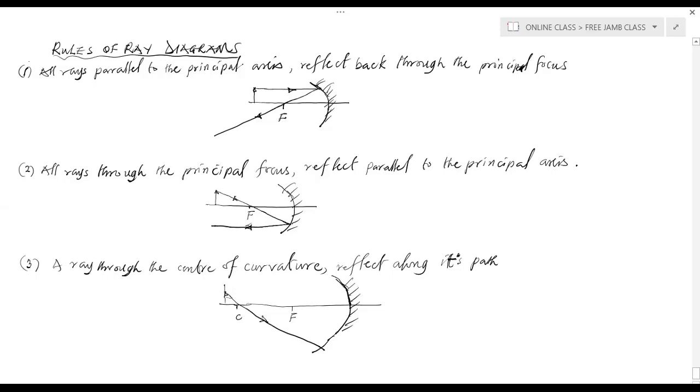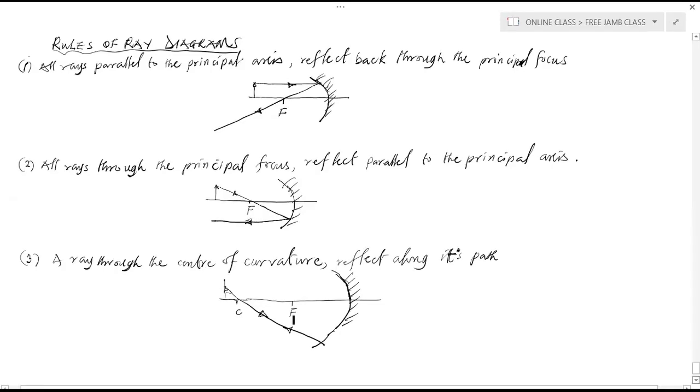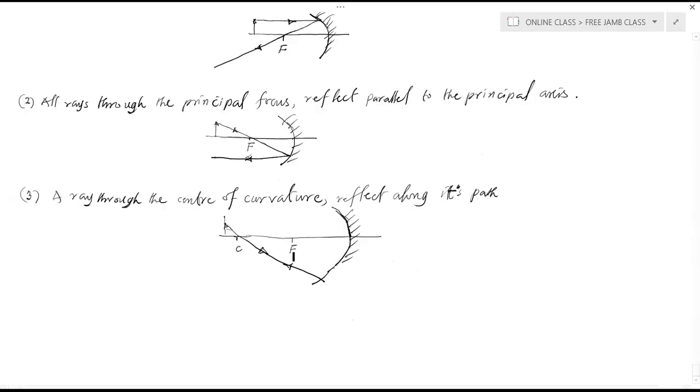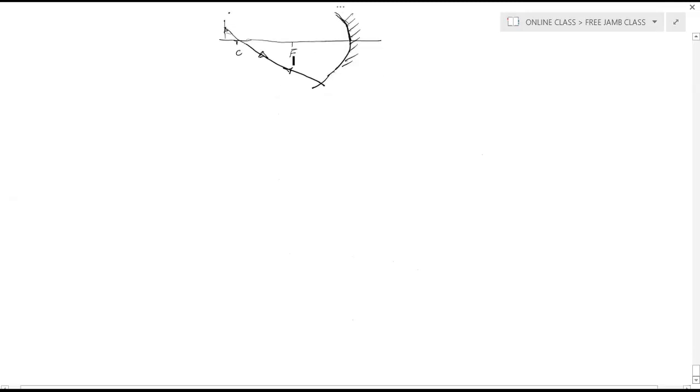It goes through C. It will reflect back along that line immediately. That is how to draw the diagram. We now combine all this together to give the diagram of anything you want to draw.